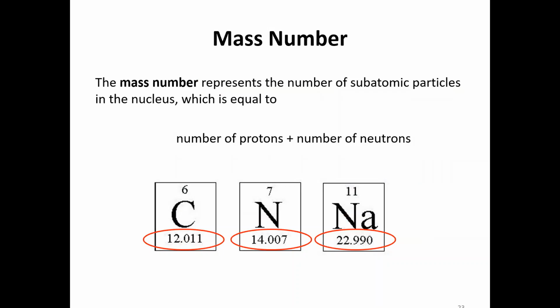When we talk about mass number, it is the number on the bottom of the periodic table, below the element symbol. And the mass number represents the number of subatomic particles in the nucleus. And usually, I know it's never a full regular number. There's usually a decimal point.